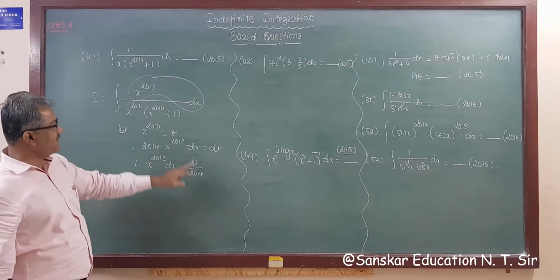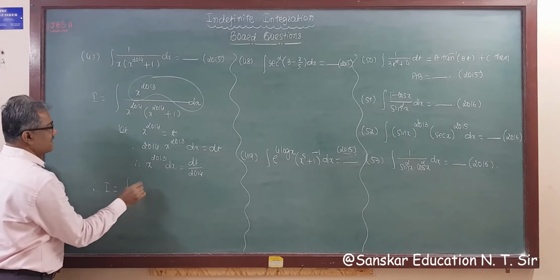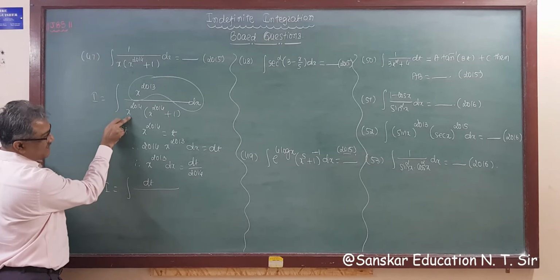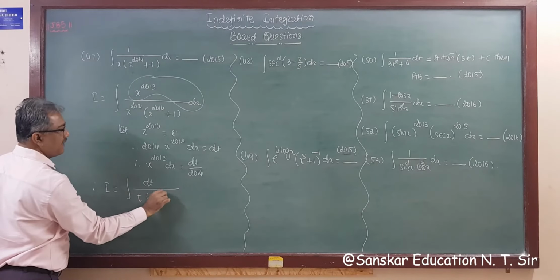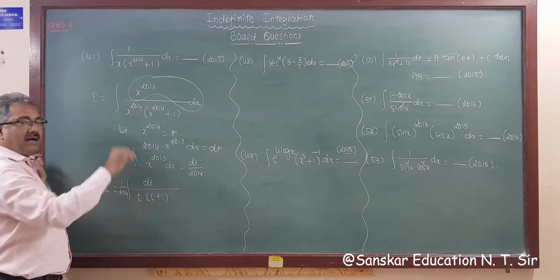So I is equal to the integration of dt upon 2014, where x raised to 2014 is t, and this is t plus 1. The 1 upon 2014 I am writing outside.